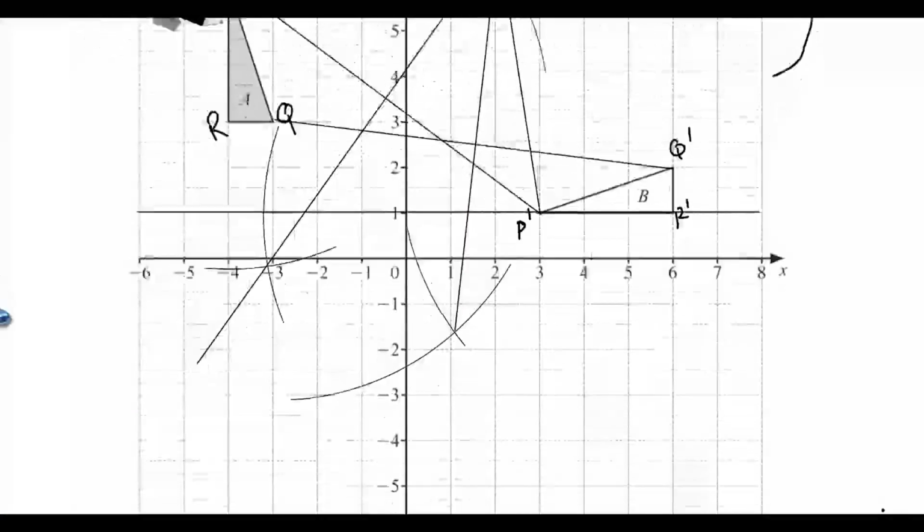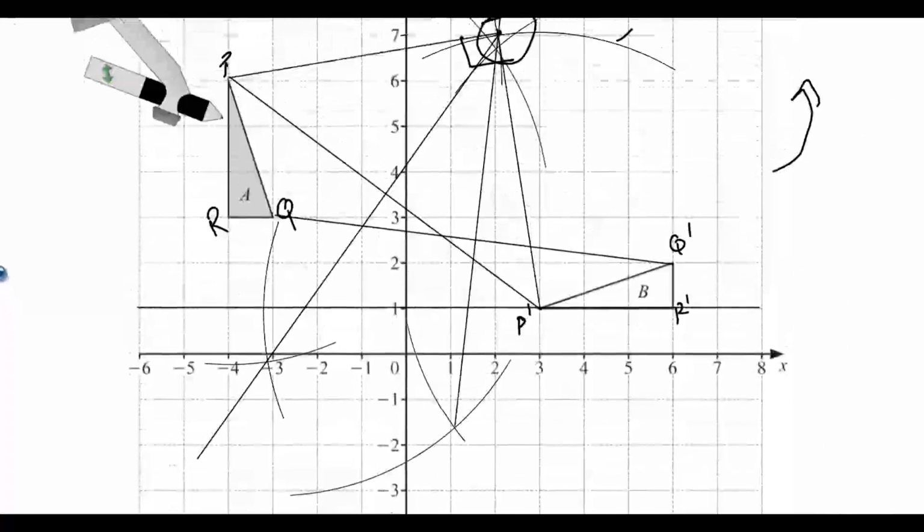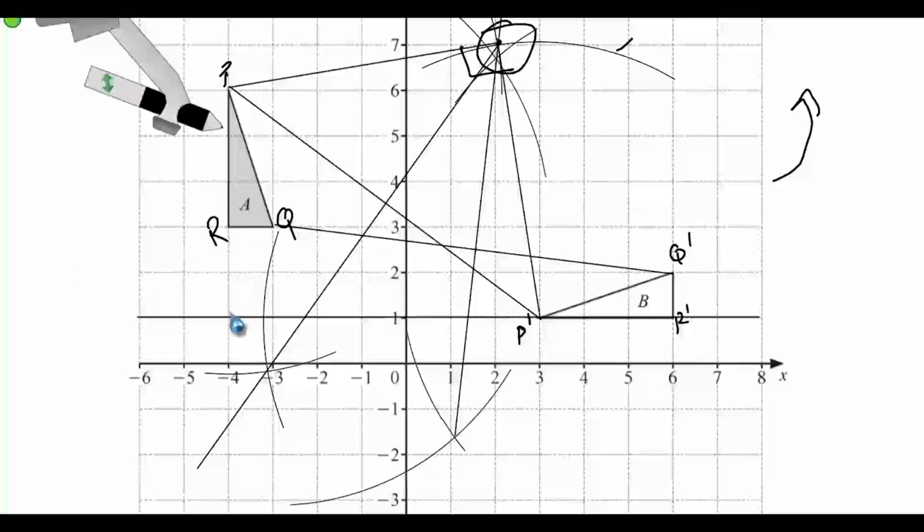So let me check again. Triangle A, good. So it will be 1, 2, okay, then 1, 2. So R prime will be here. So this is R prime. The distance between this and this is just 1. So this one will be here. That is Q prime. And the distance between this and this is, let's see, from here, 1, 2, 3.